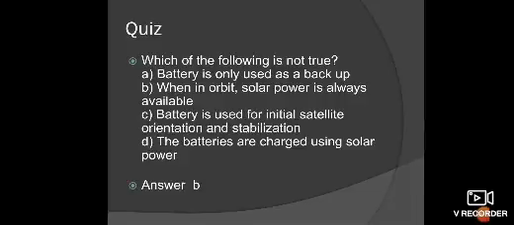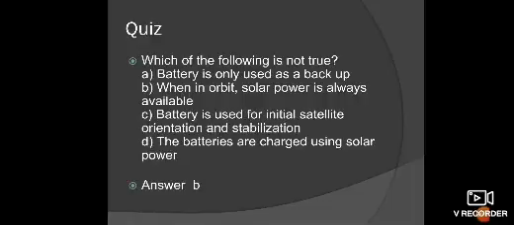Not. Why? Because on the satellites we have solar panel sheets on both sides. A number of solar panels are placed, and the solar panels are charged in the daytime, and that charged energy can be utilized at night. That is the main reason for solar power.